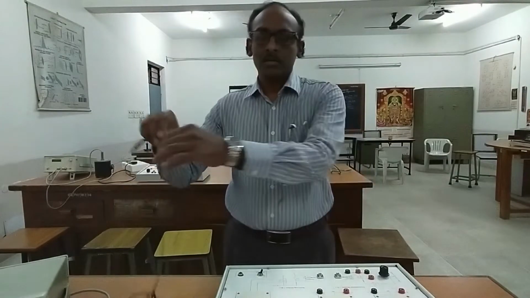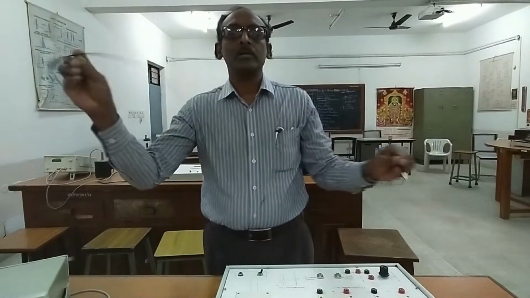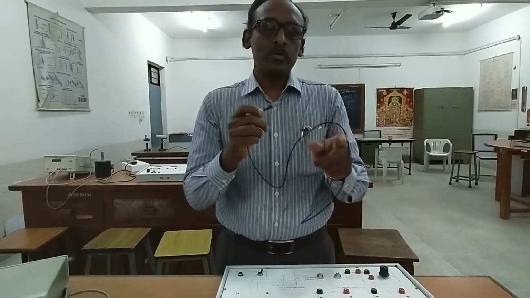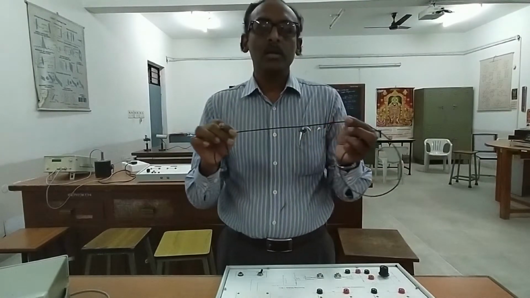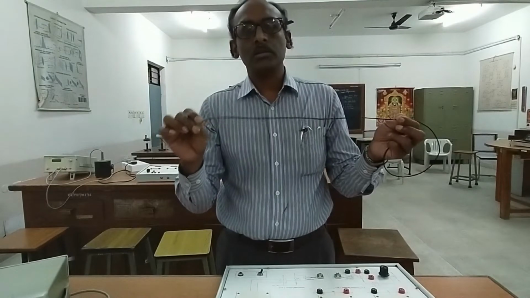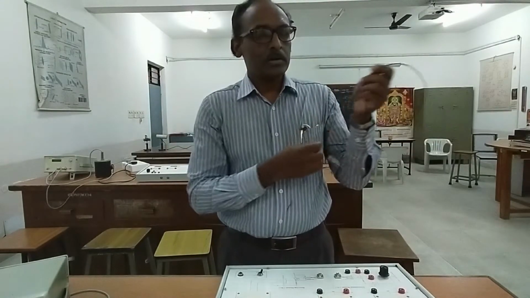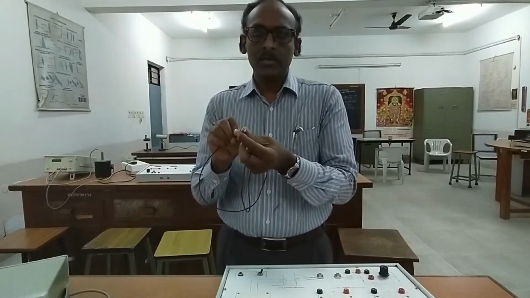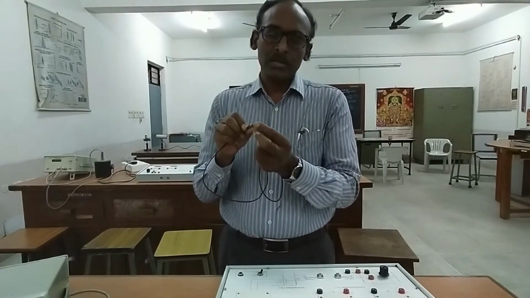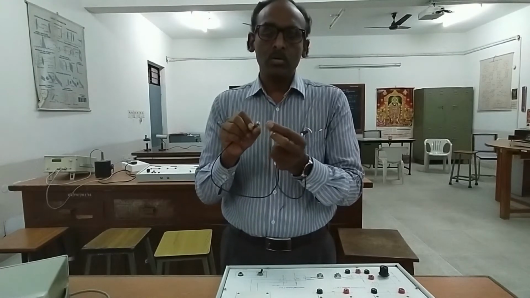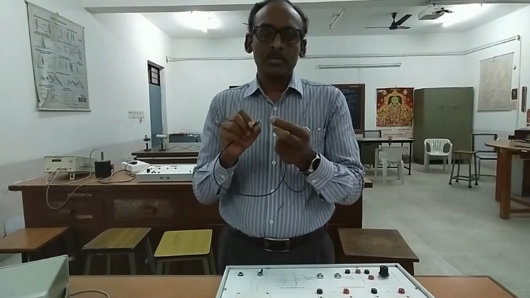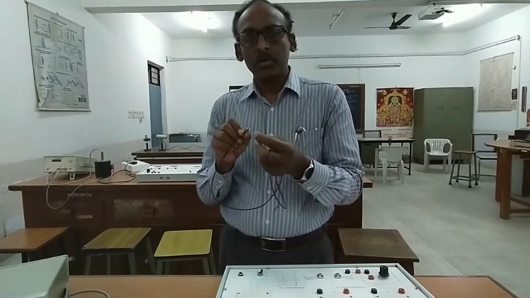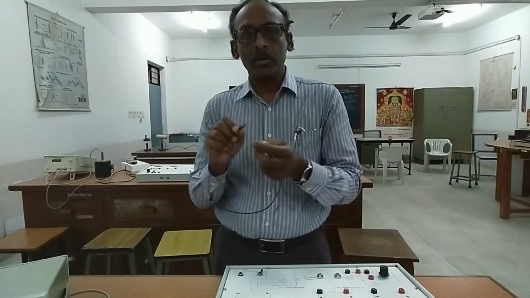If you see, this is an optical fiber. The upper or outer part you are looking at is only the sheath or the jacket. Inside this we have a small opening which leads to the emission of light, and that part is the core of the optical fiber.